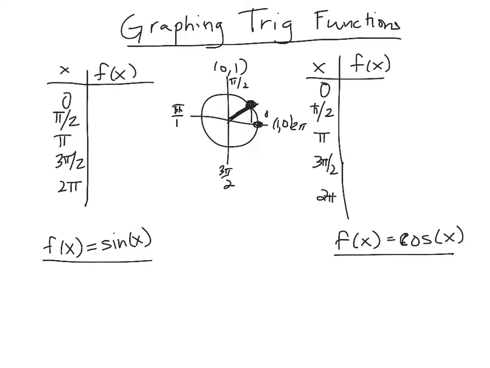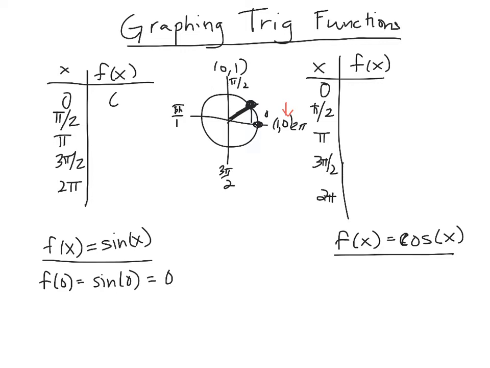Well, we know sine is always going to be the y coordinate at that point. So at 0, the y coordinate is just 0. So sine of 0, meaning f of 0 equals sine of 0, which is just 0.